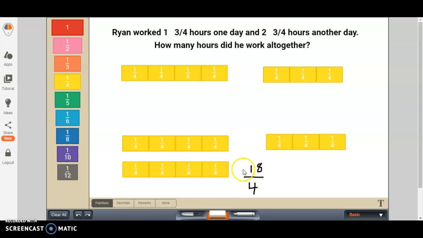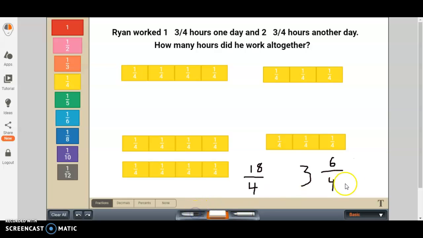But you know what? That's kind of hard to work with when I have a numerator so big. So let's see if we can make this a mixed number. I'll have 1, 2, 3 whole numbers, and then I have 1, 2, 3, 4, 5, 6 fractions. So I have 3 whole numbers, and I have 6 fourths.